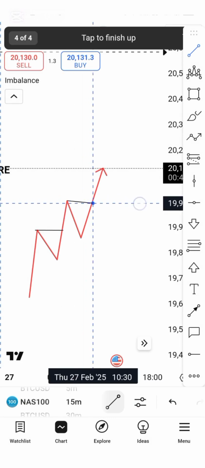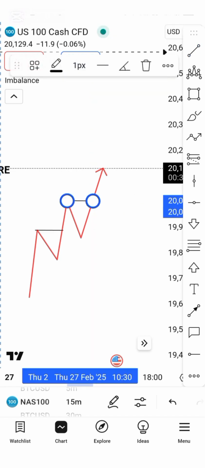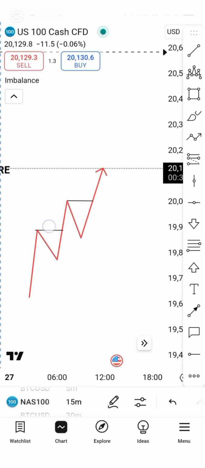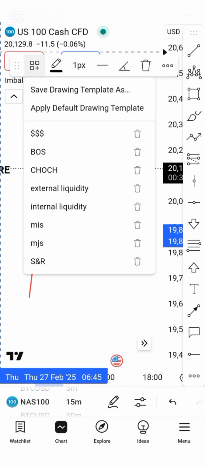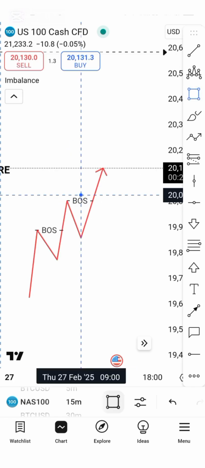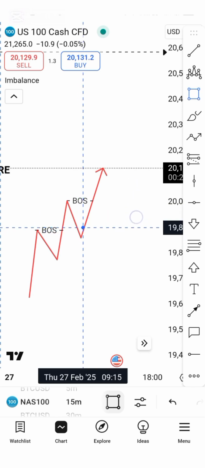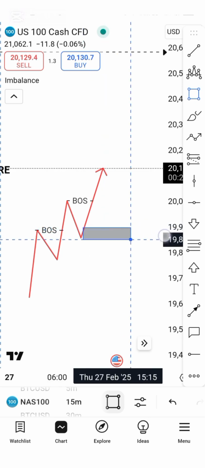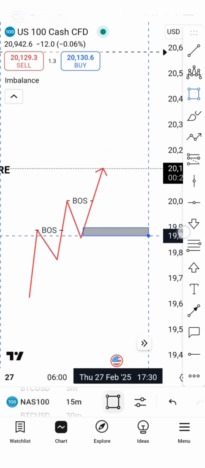There's a break of structure here and a break of structure here. So now you're sure that the market is in an uptrend. So it is safe to pick your order block from here, because you have confirmed the trend. So you are looking to buy.